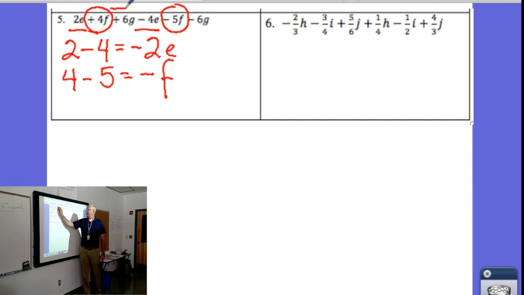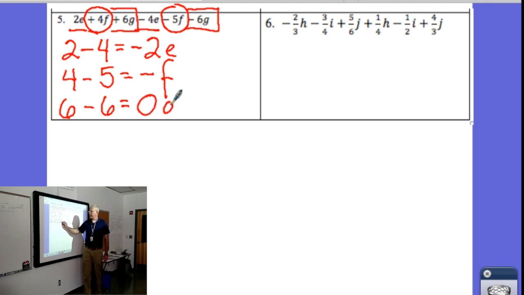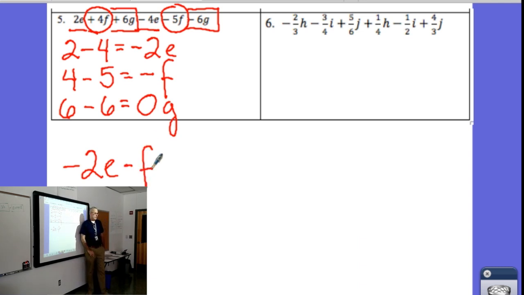The last term that I can combine is 6g minus 6g. Okay, so I have 6 minus 6 is equal to 0, and I'm going to add the variable g. Now put it all together: I have negative 2e minus f. What should I put in there? A plus. And what am I going to add?